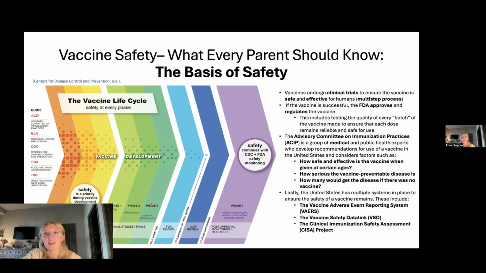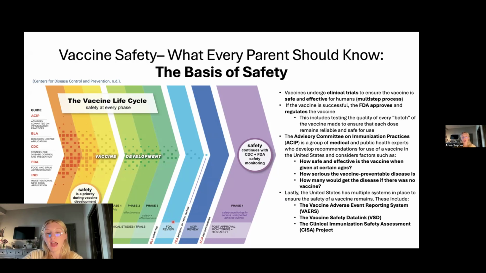And if the clinical trials get approved, so they've ensured safety, they've ensured effectiveness, then the FDA will approve and then they will start regulating the vaccine. This includes testing the quality of each batch or lot of the vaccine that is made to ensure that each dose remains reliable, it remains safe, it has what is supposed to be in there.